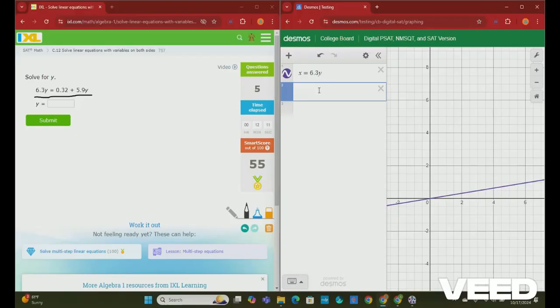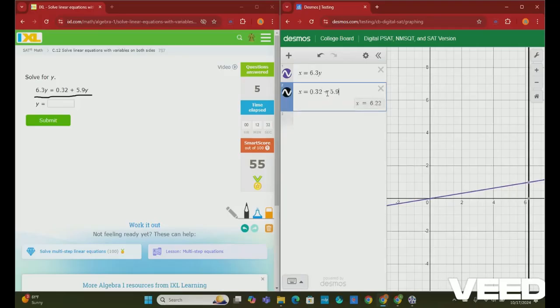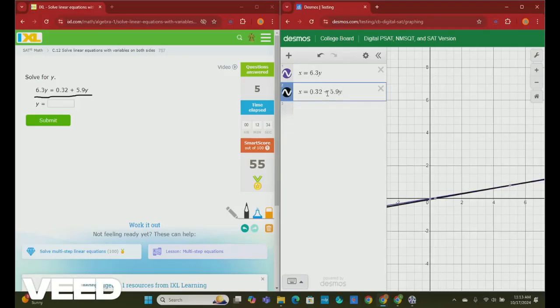Okay, enough chit-chat. Moving on. So, we're going to split them into two functions. The first one we have is x is equal to 6.3y. And then the second one is x is equal to 0.32 plus 5.9y.